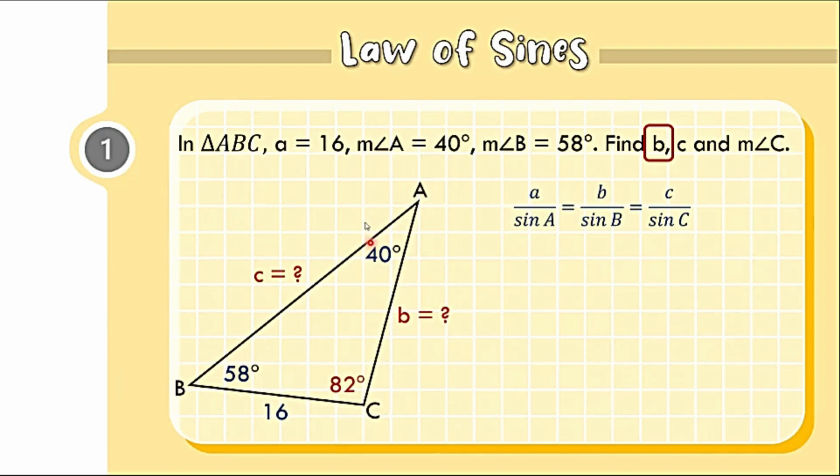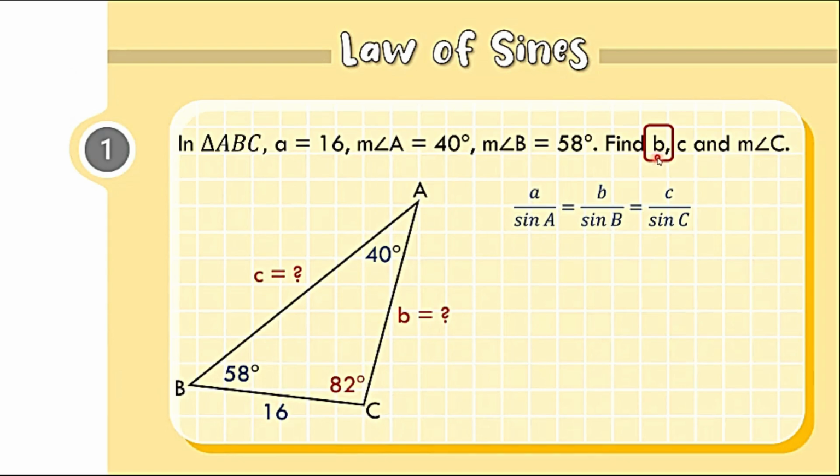According to the given, the length of side A is given, while the measure of angle A is also given. Then, we may use a over sine A as our first ratio. For the second ratio, let us have b over sine B. Why?